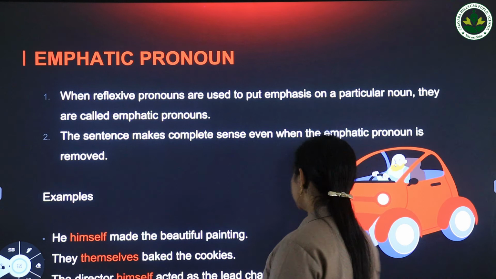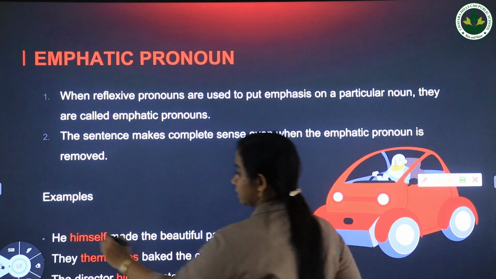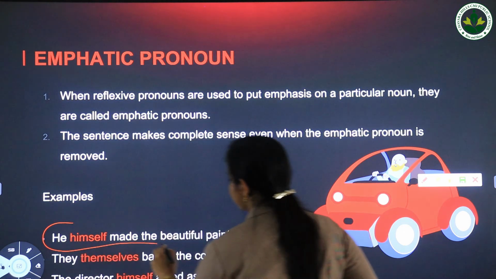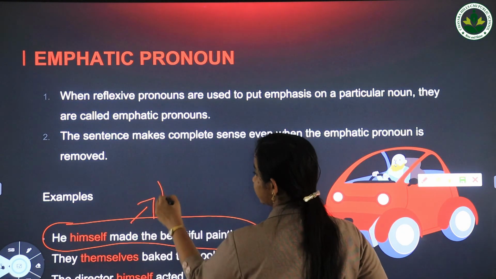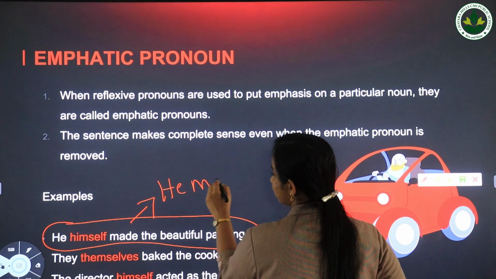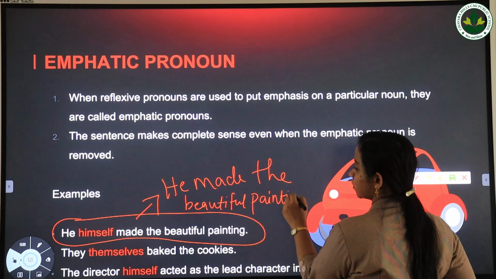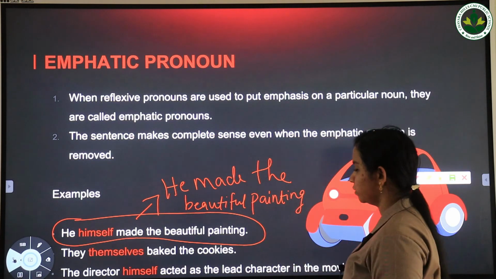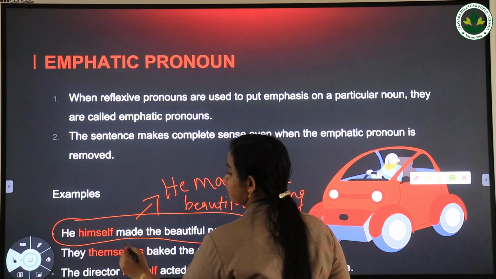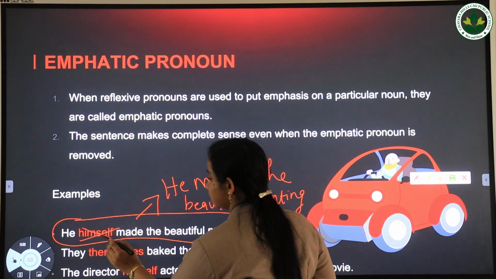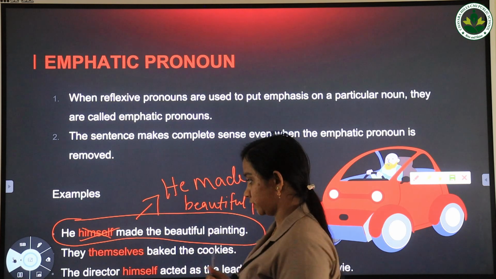If we rewrite this sentence as he made the beautiful painting, the meaning does not change. We know that he is the one who made the painting. So we can remove an emphatic pronoun from a sentence. Even if we remove it, the meaning will not change.